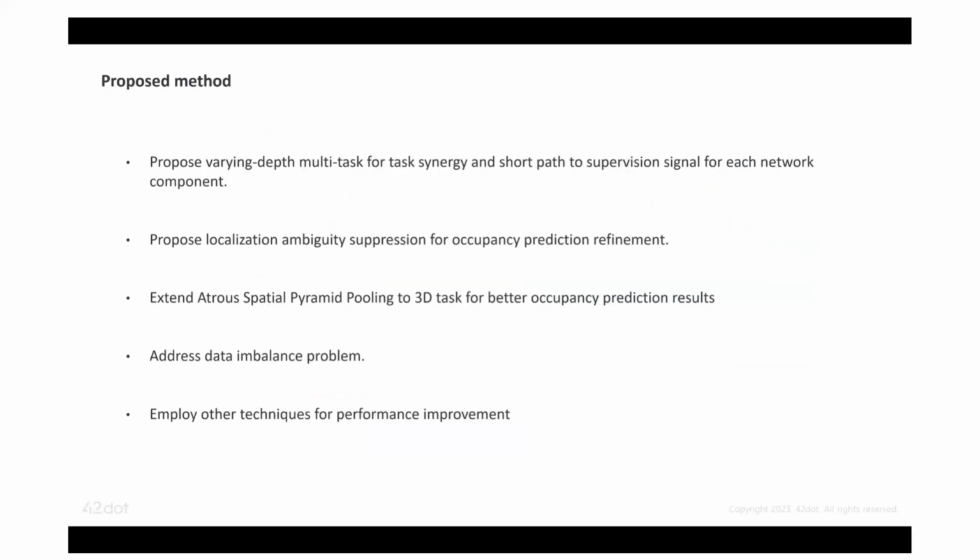We propose multi-task learning for task synergy and a short path for the supervision signal at each level. We propose localization ambiguity suppression for occupancy prediction refinement. We extend spatial pyramid pooling to 3D tasks for better occupancy prediction results. We address the data imbalance problem. And finally, we employ other techniques for performance improvement.